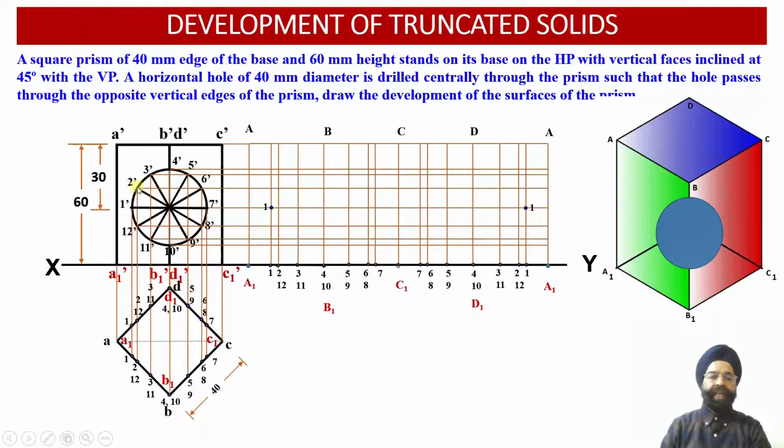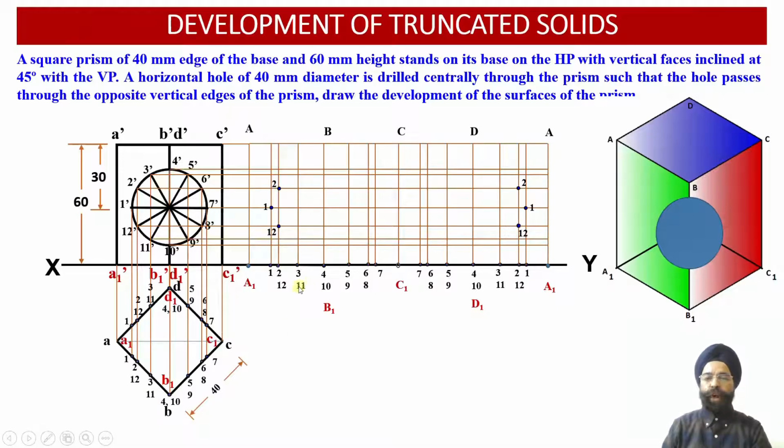This is the location of the point 2 dash in the front view, and this is the location of the point 12 dash in the front view. If we draw 2 horizontal projector lines through 2 dash and 12 dash, wherever these 2 projector lines intersect with the vertical projector lines corresponding to 2 and 12, we have been able to obtain 2 points in the front face projections and 2 points onto the rear face projections.